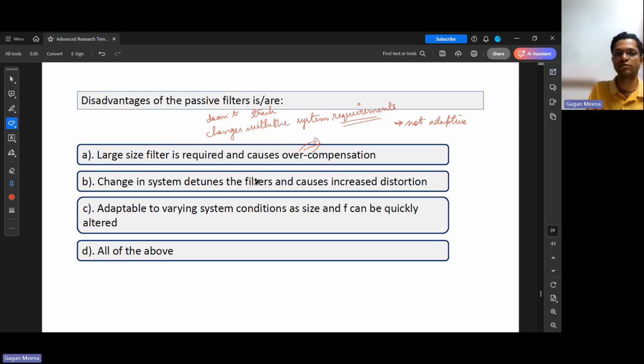Change in system detunes the filter and causes increased distortion. Correct. Adaptable to varying system condition as size and frequency can be quickly altered. No, these are not adaptable to varying system condition, and that's why we need the active filters. And their value is completely fixed or they are switched, but still not adaptable.